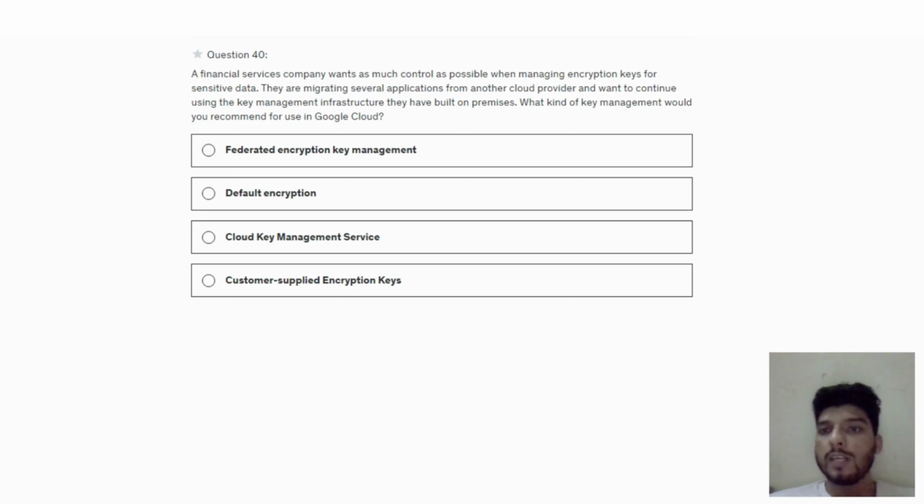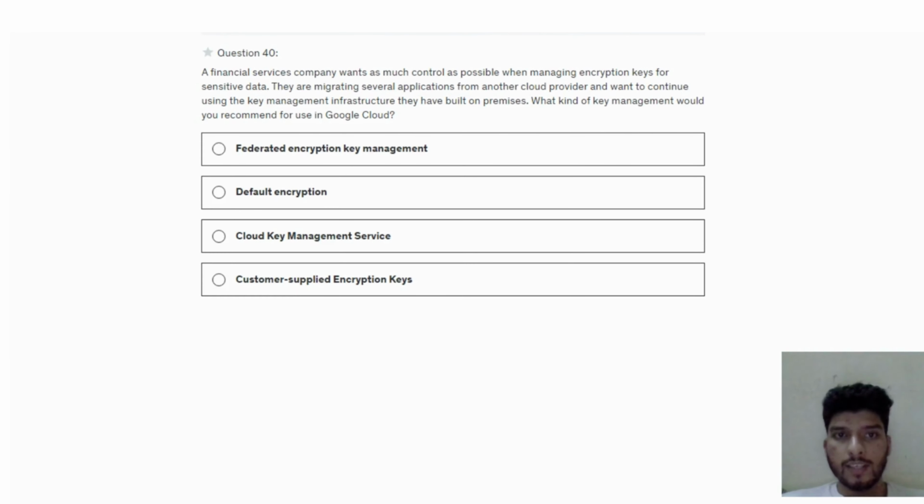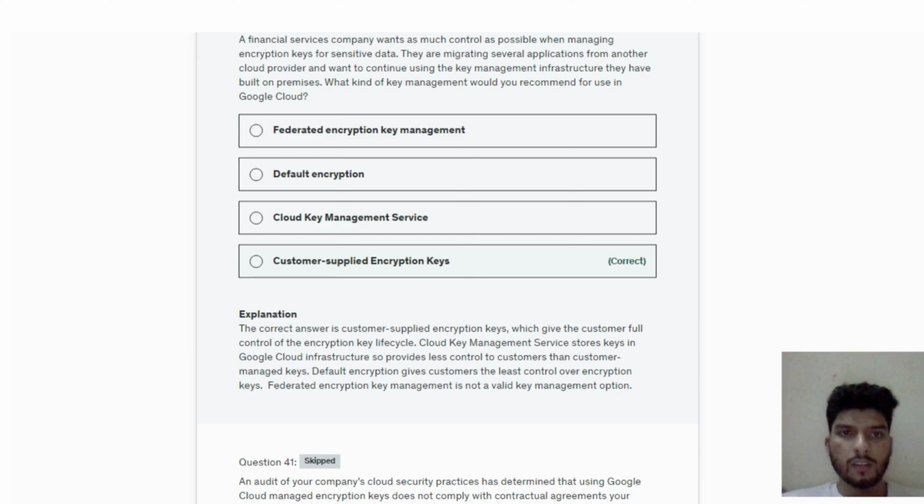Which kind of key management would you recommend for use in Google Cloud? So here are the four options. You have to select the right one from options A, B, C, and D. So the right answer of question number 40 is, yeah, the customer-supplied encryption key.